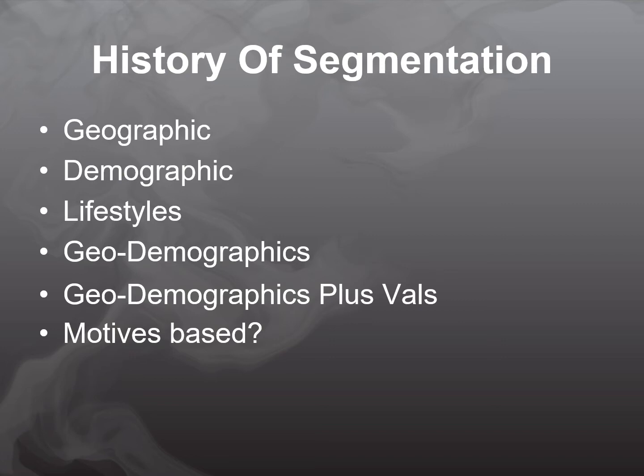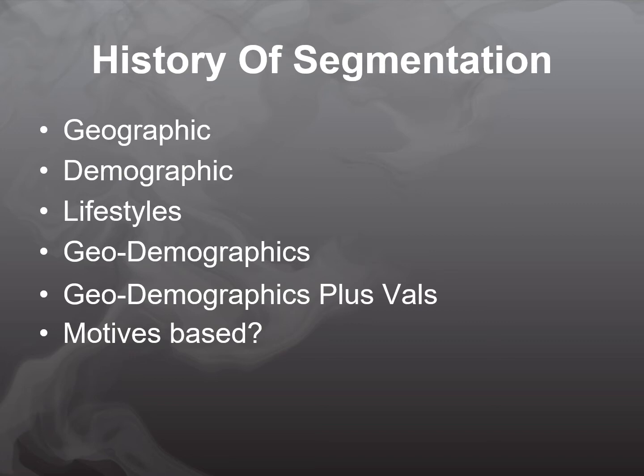Next, we have lifestyles, and lifestyles are things like DINKs and people with inner and outer directed focuses, different lifestyles that people have. Do those people have similar wants and needs? And the answer is, of course not. The same thing can be said for geodemographics or geodemographics plus VALS or any other of these what we would call descriptive approaches to segmentation.